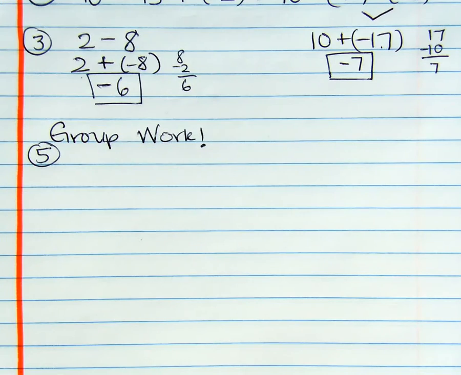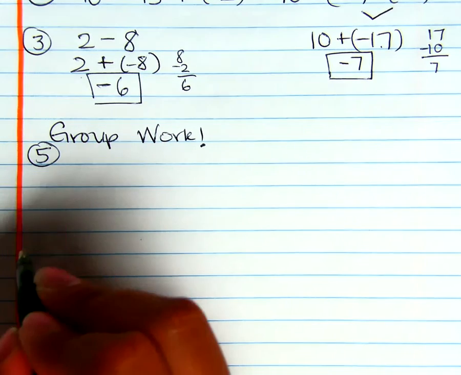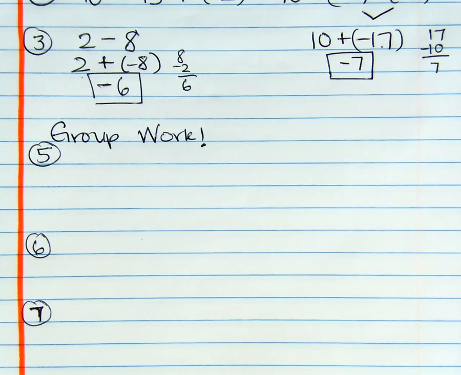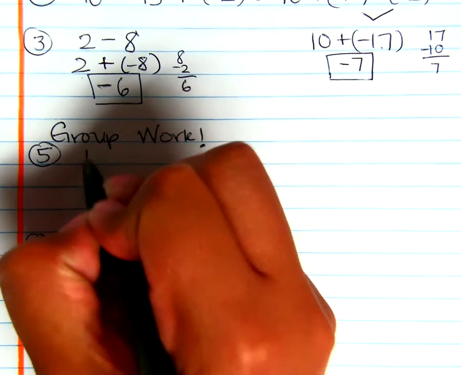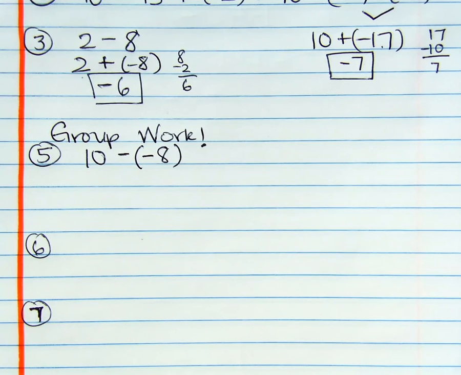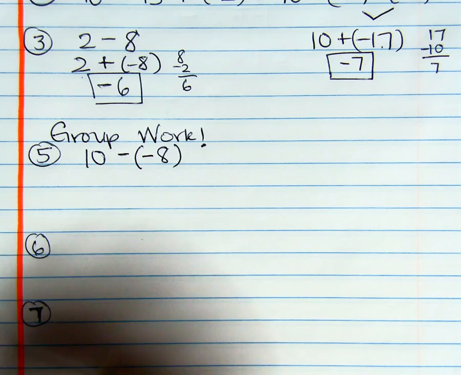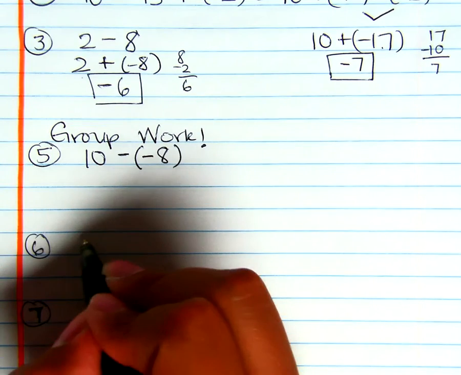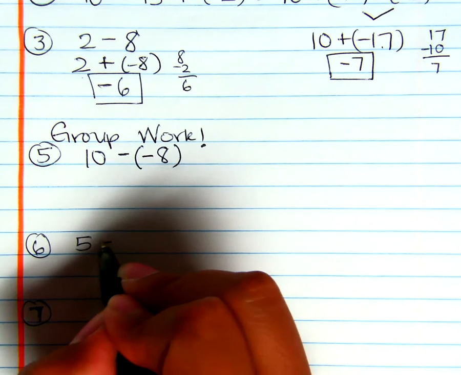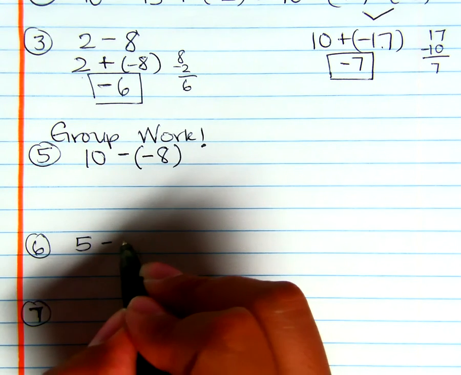So we'll do 3 problems. Because we do want you to start homework in class, okay? So we have 5, 6, and then 7. Number 5 is going to be 10 minus a negative 8. Six is going to be 5 minus 12.